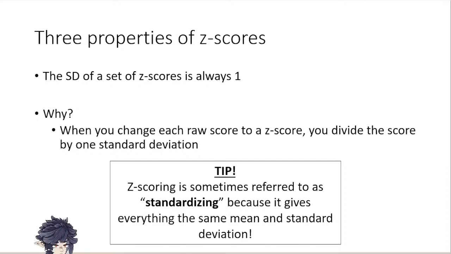So no matter what scale you start on, once you Z-score it, you can compare those numbers directly to each other to see which one is higher and which one is lower, which is why I wanted to compare Kaiju number 8's power scale to Kill la Kill's or Dragon Ball Z's power scale, but unfortunately that didn't end up working out. But if I had more information on those other power scales, I could have done that.